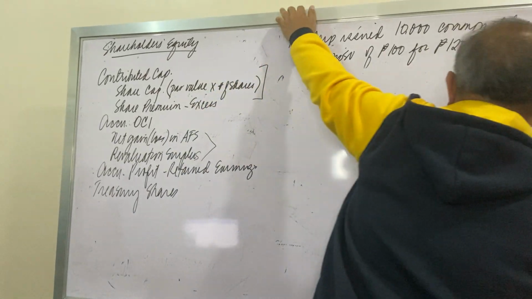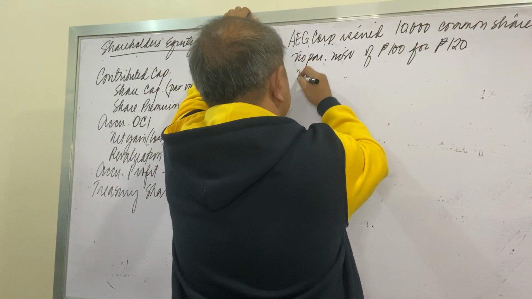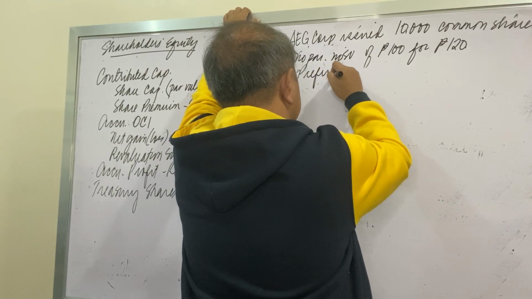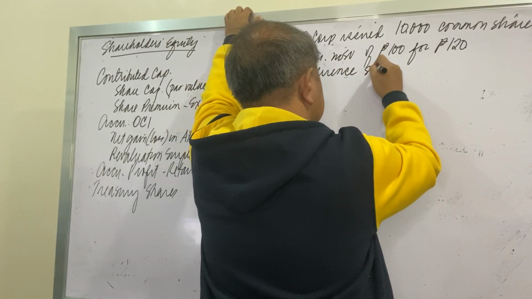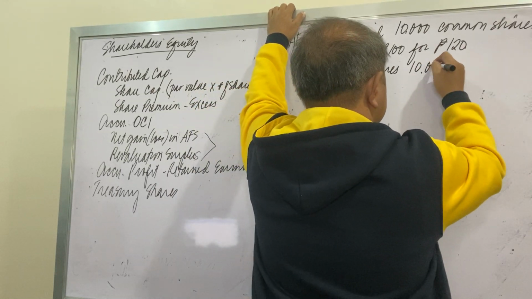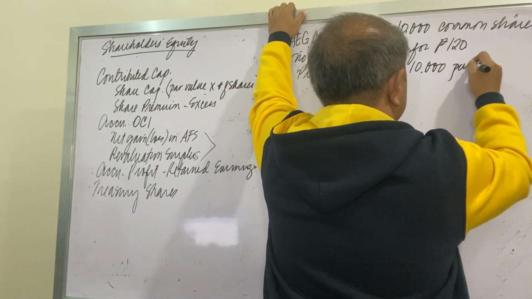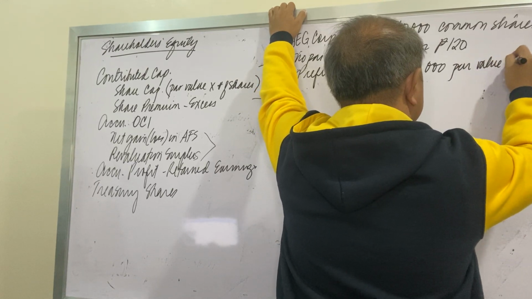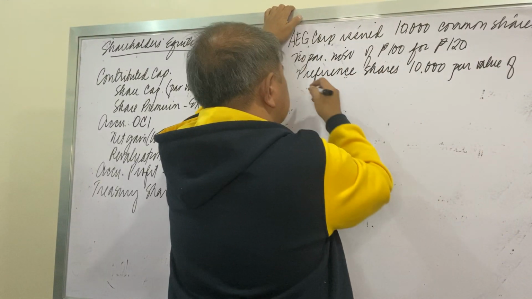Assuming that aside from this one, the investor also purchased preference shares, 10,000 shares with par value of 100.